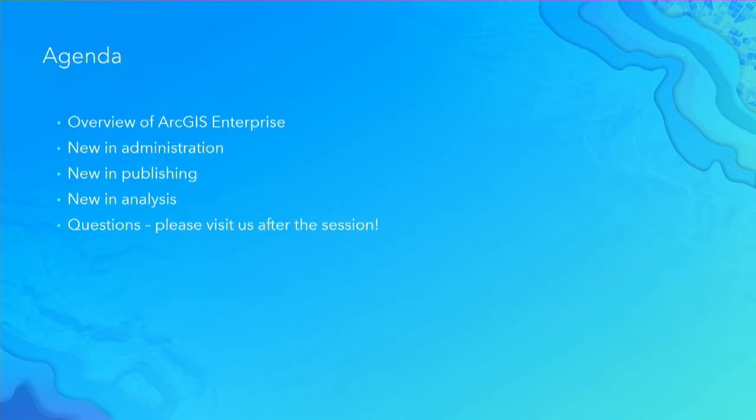It looked like a lot of hands at 10.5, 10.5.1, 10.6, so that's great to see. But I'll just do an overview of the components and some of the patterns of use that we see for the product. We'll talk about what is new in administration, in publishing and analysis. If we have a little bit of time at the end, we'll open it up for some questions, but if not, please do come up and talk to us. As Philip mentioned, also visit us in the showcase. We want to hear from you, we want to hear your experiences, and we want to see what features you're excited about.